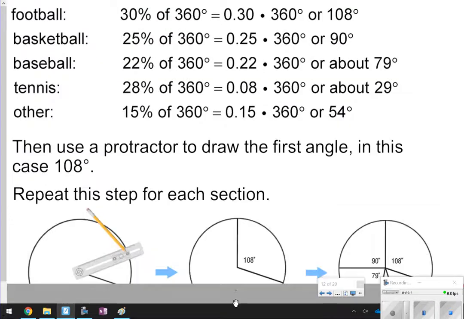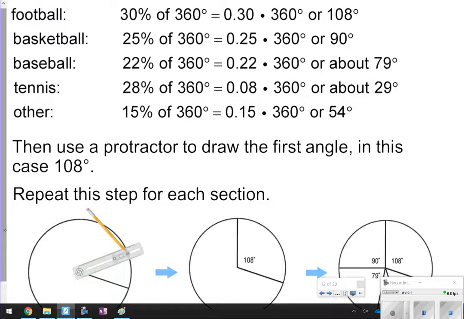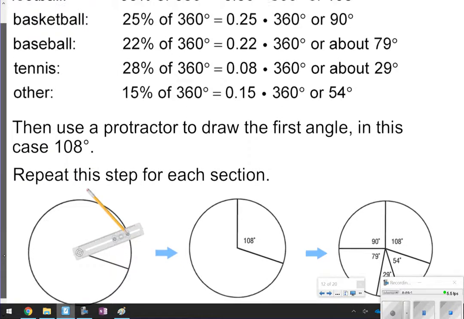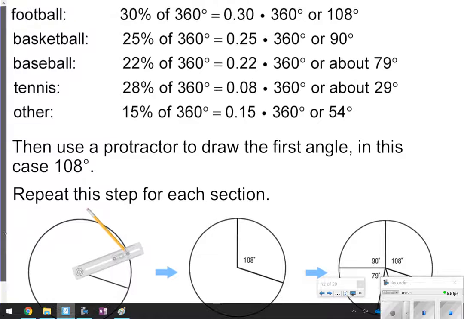So all of these here are just your information of how to do that. Essentially what we're doing is we're taking all these degree measurements, putting them together, and at the very end we'll have all of our degree measurements, and we can represent that using our percentages. Normally it's easiest to start with the largest one, and that's okay here because 108 degrees is pretty easy.